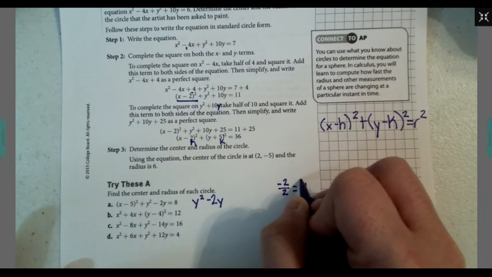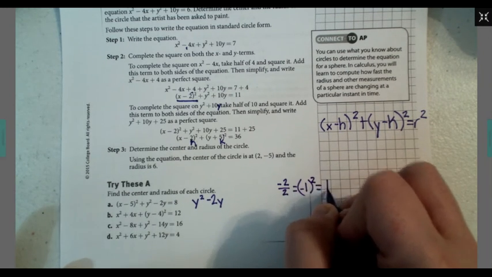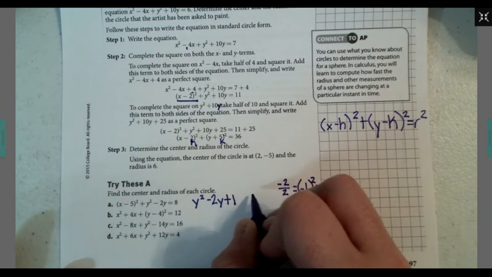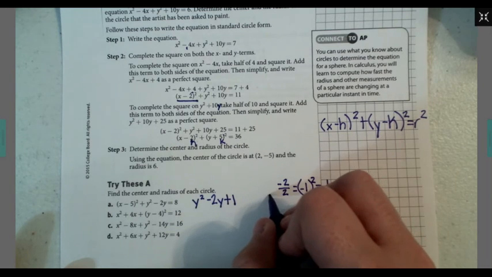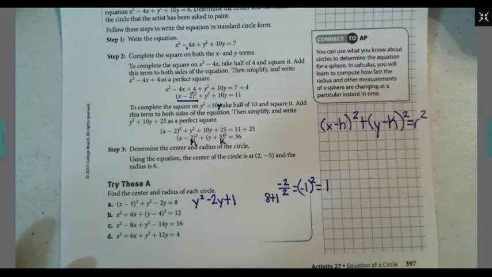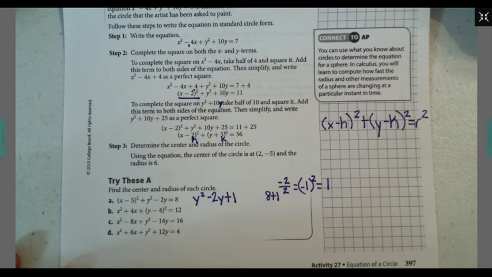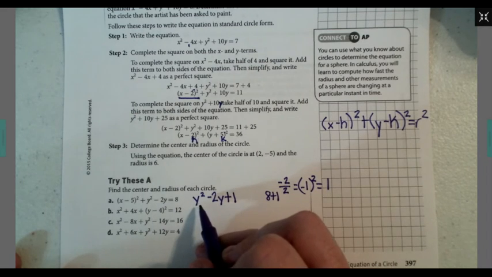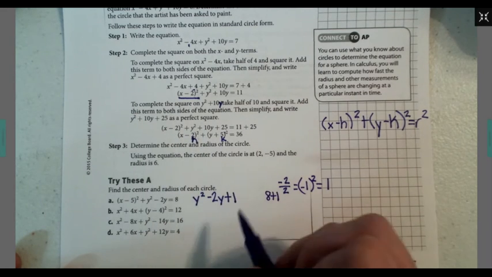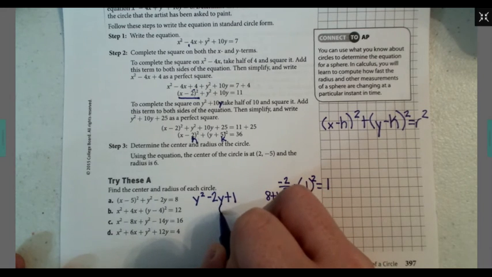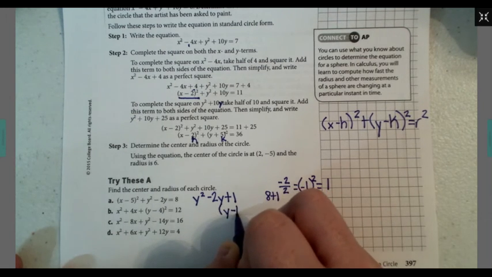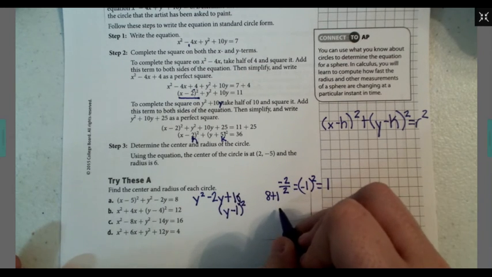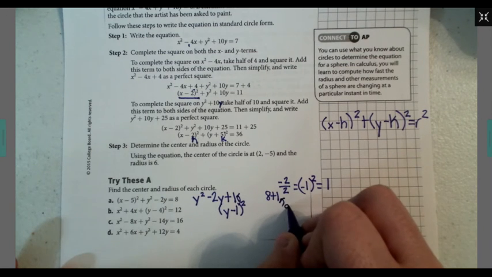So we're going to do negative 2 divided by 2 is negative 1. And negative 1 to the second power is positive 1. So we're going to say plus 1 on this side, but we also have to do plus 1 on the other side. Well, in order for us to rewrite this back as a perfect square, we would write this as y minus 1 to the second power. This would be 9.